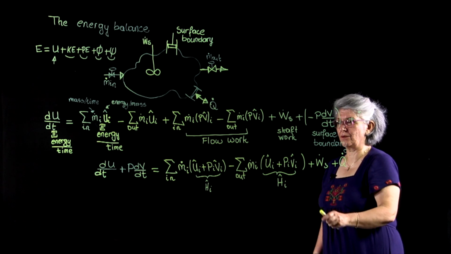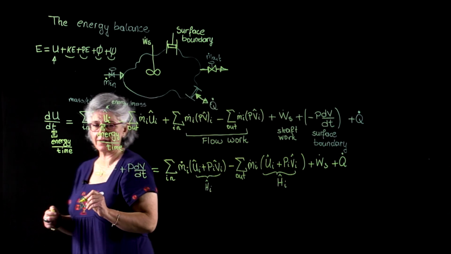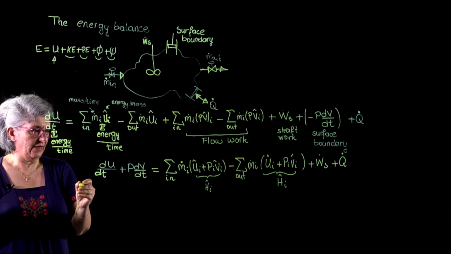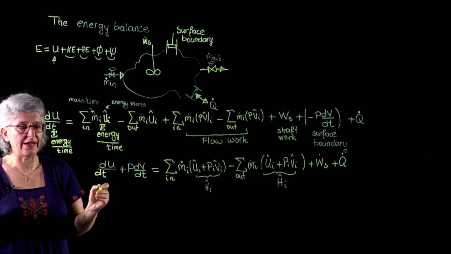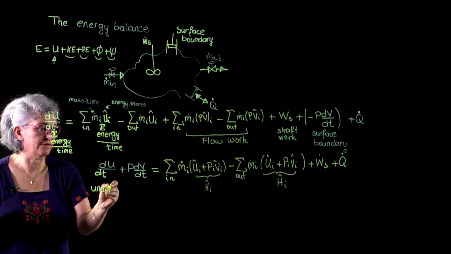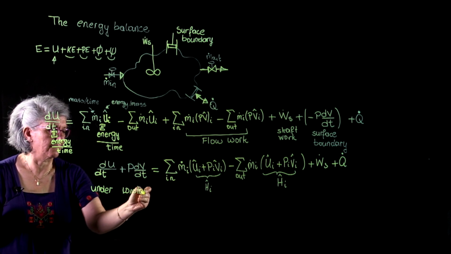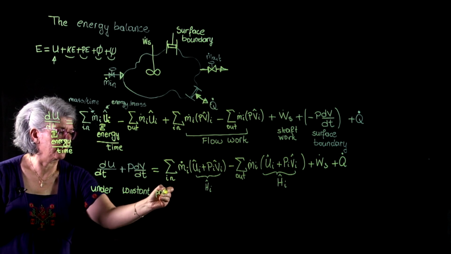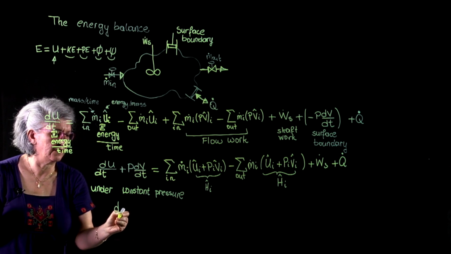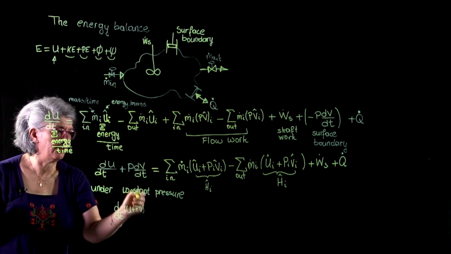All right, so I have to do one more approximation till we arrive at the final answer. The approximation is going to take our reactor system at constant pressure. Under constant pressure, d over dt of U plus PV can be combined.